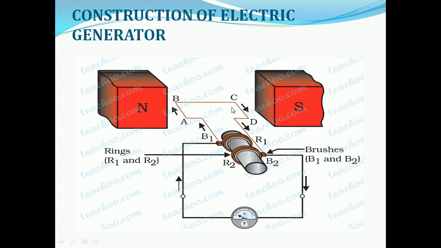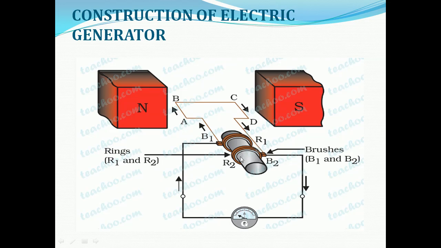There is a fixed magnet with two poles, north pole and south pole, and the north pole of one magnet faces the south pole of the other magnet. The coil is placed perpendicular to the magnet.